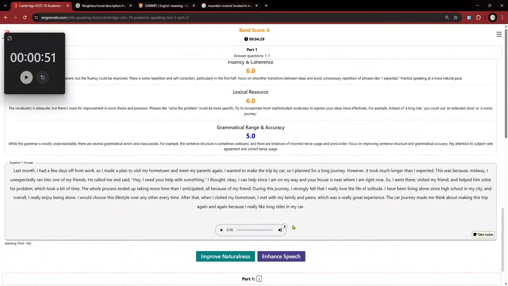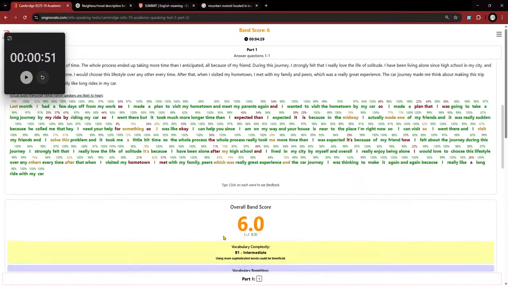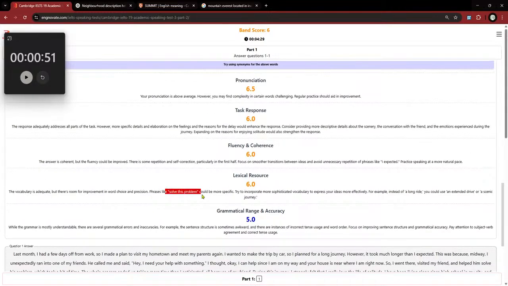Please kill me. What is this? How do I improve it?